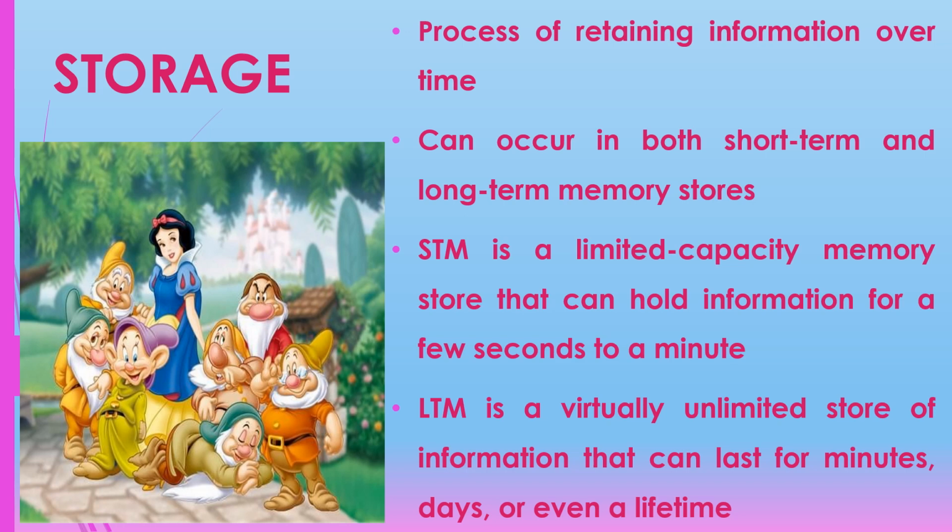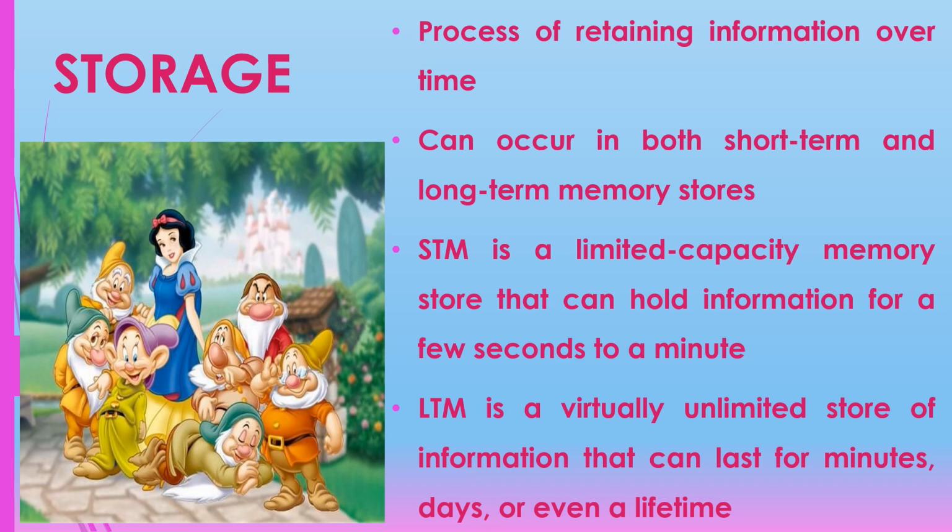If you continue to actively use and think about the names of the 7 dwarfs, then what happens? Then it is transferred to the long-term memory. In long-term memory, the information can be stored for a very long period of time. It is a virtually unlimited store of information that can last for minutes, days, or even a lifetime.